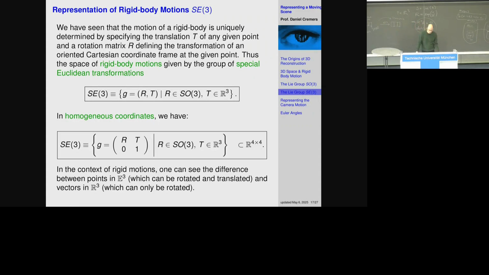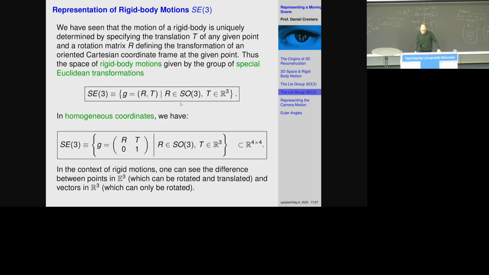But what we can do, and we are going to do that for the sake of seeing this notion of Lie group and Lie algebra, we can observe that this group SE3, that involves rotation and translations, is also a Lie group.